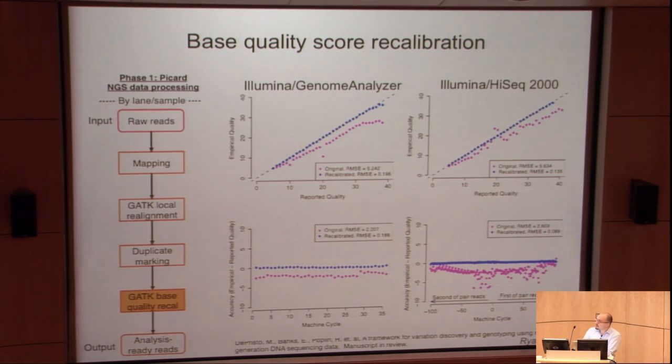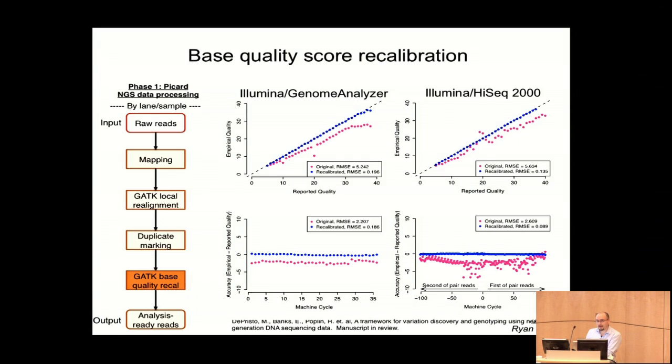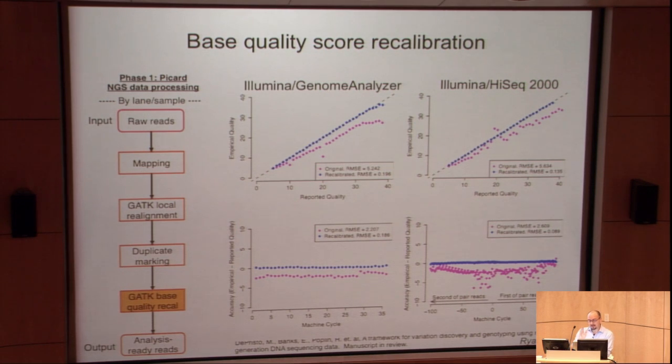Also, the quality scores of the bases themselves are still inaccurate. What goes on here is that the machine is trying to give you an estimate of the confidence when it tells you that the base that it just read off the machine is an A. It tries to give you a probability that that's real, that it really is an A. And that probability is not necessarily particularly well calibrated. It's not terrible, but it's not 100% accurate.